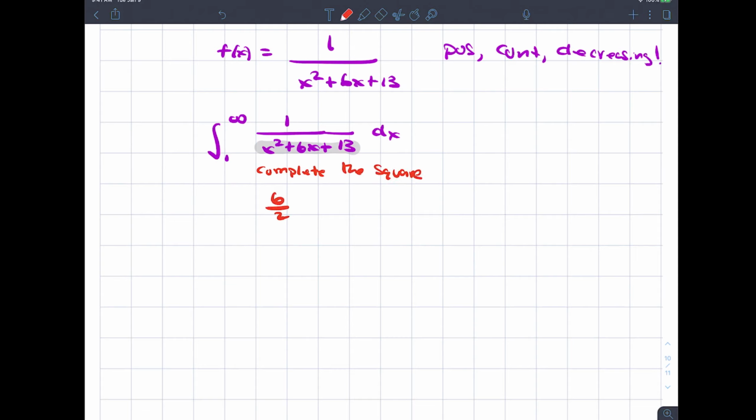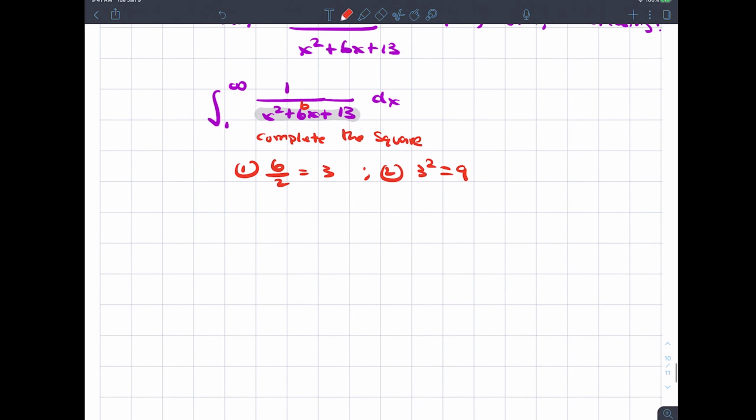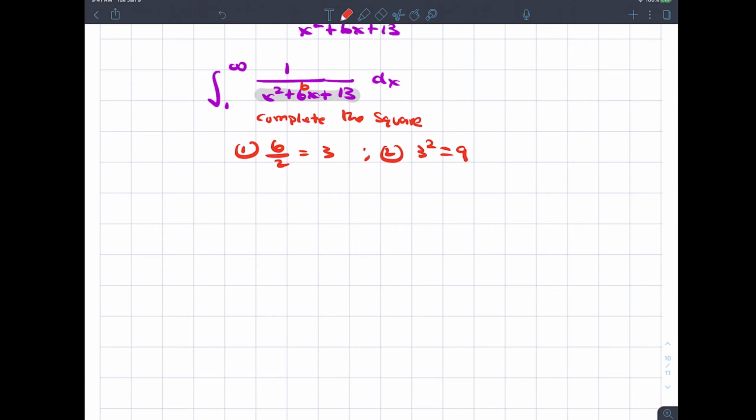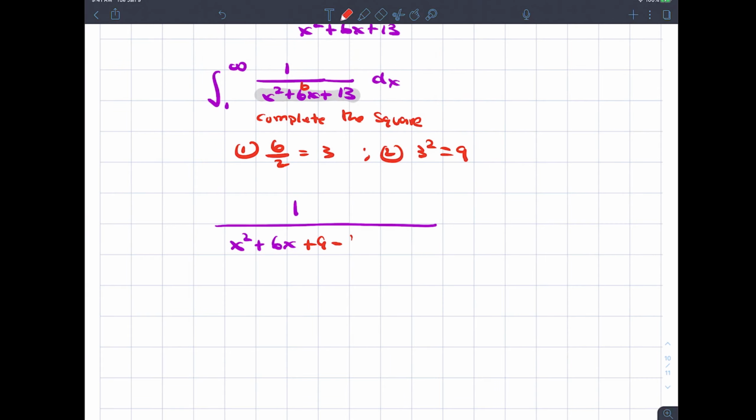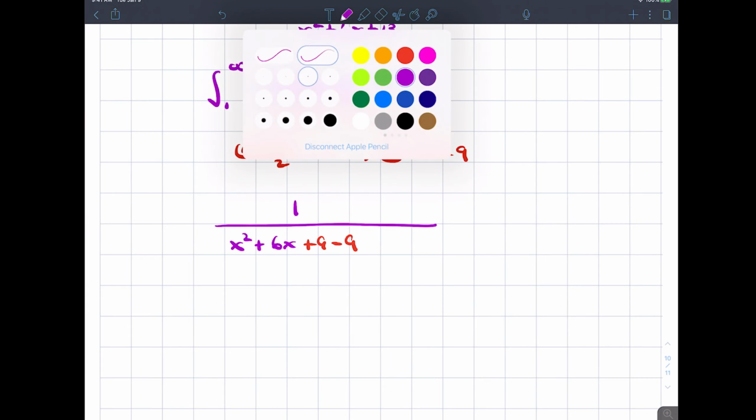6 over 2 is 3. You're looking at that b term. Then the second step is to say 3 squared is 9. So 1 over x squared plus 6x, and don't forget to add 9 and subtract 9. That's really 0, so it's not there.